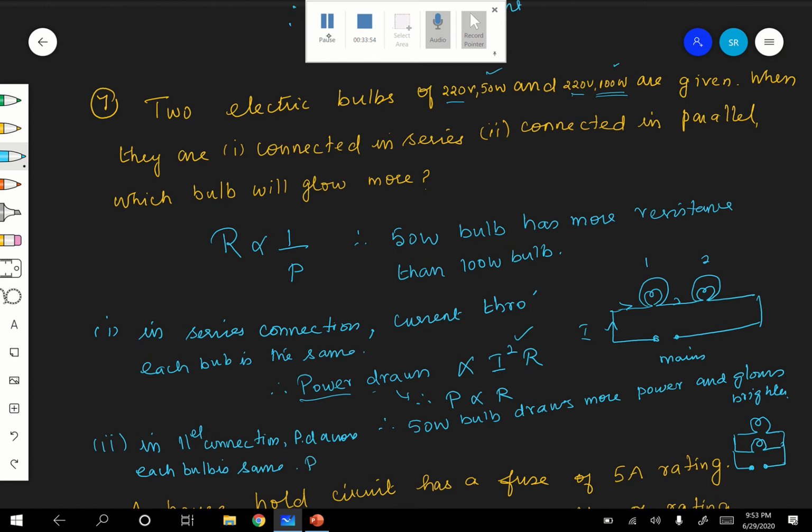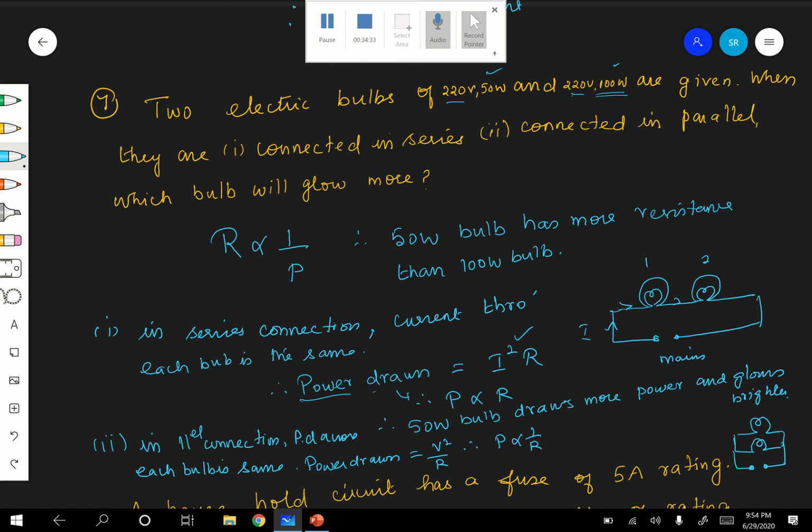Power drawn is equal to V squared by R. Therefore, power is inversely proportional to R. More the resistance, less will be the power drawn.